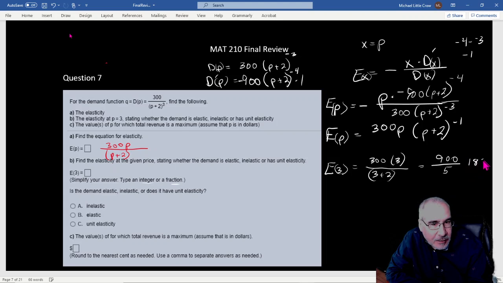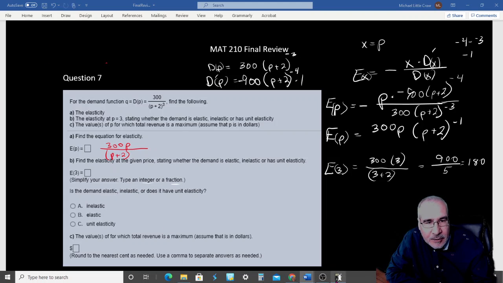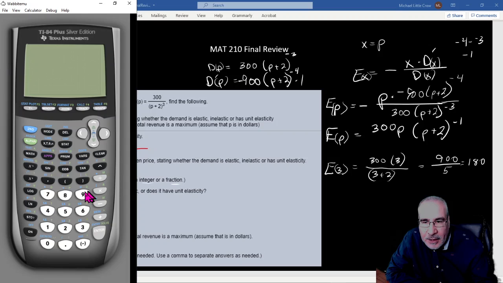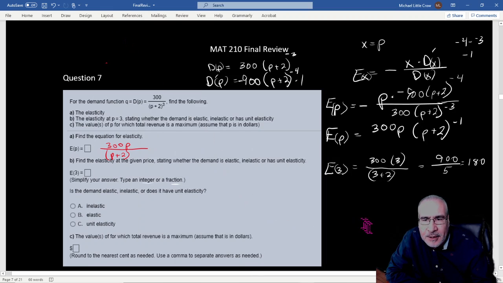So 180. 900 is, I think so. Let's just do that. Something feels wrong, but I'll check it. I don't know what feels wrong, but it's feeling like I did something wrong, but I know I've got the right formula. Negative's a positive.